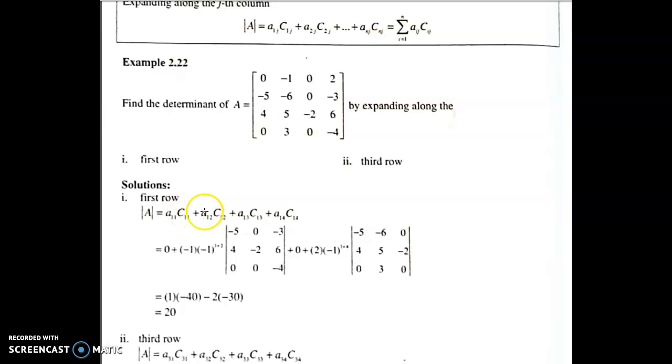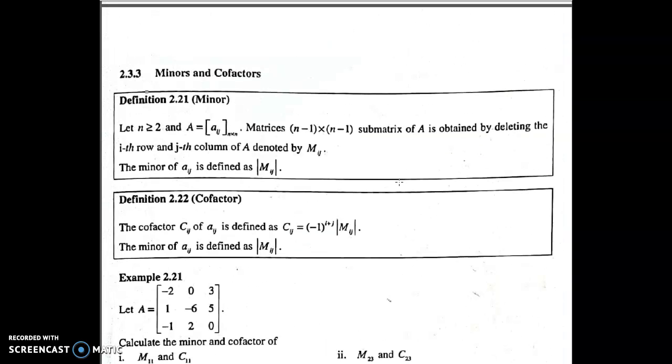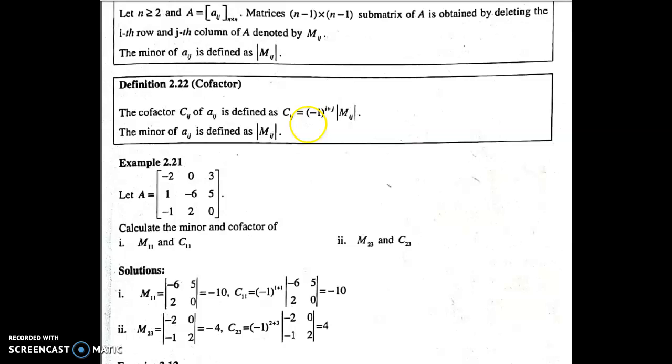As for A12, you have -1, so they input -1 as A12. As for C12, if you remember, the formula of the cofactor is -1 to the power of i plus j times the minor.